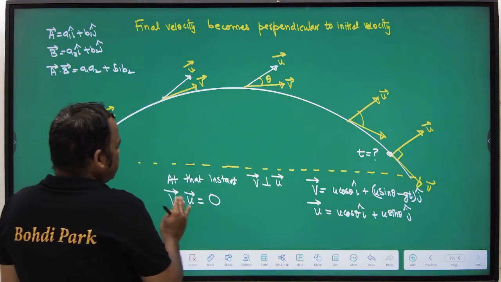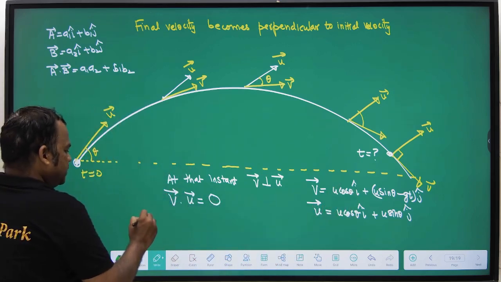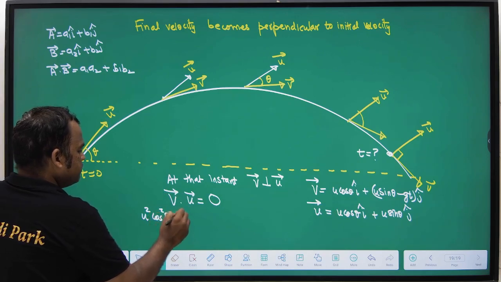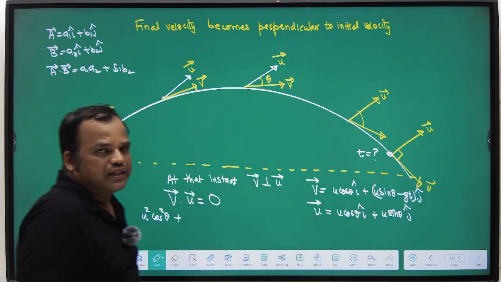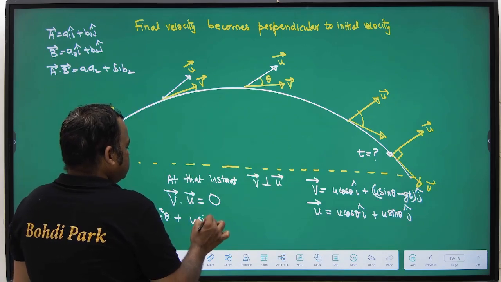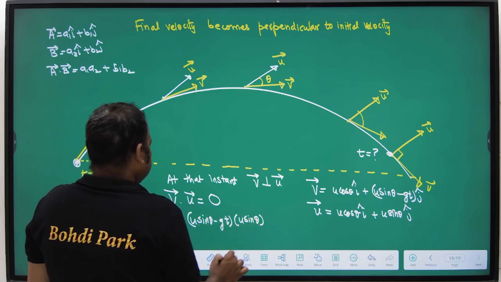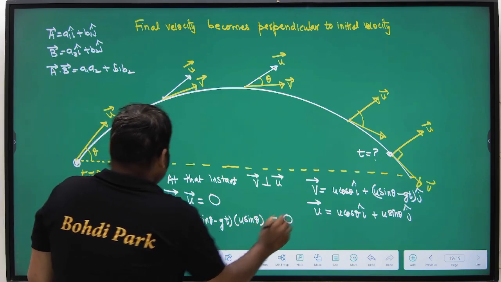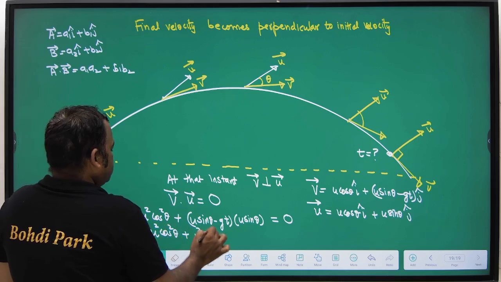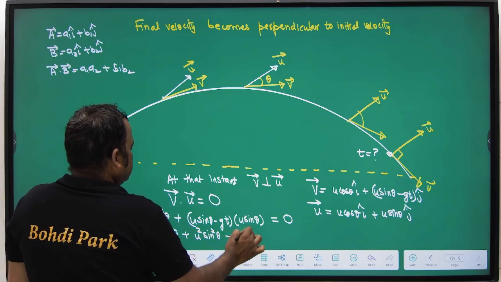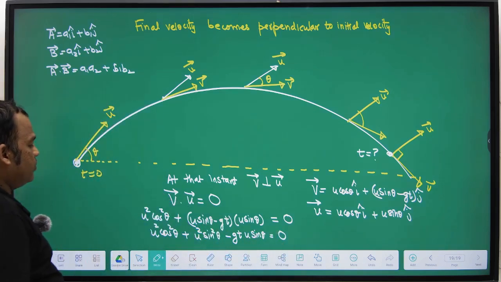So the dot product v vector dot u vector will be a1 a2, meaning u square cos square theta, plus b1 b2, meaning (u sin theta minus gt) into u sin theta. Then equate it to 0. So we'll get u square cos square theta plus u square sin square theta minus g t u sin theta is equal to 0.